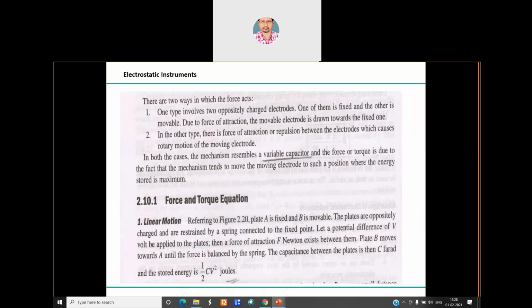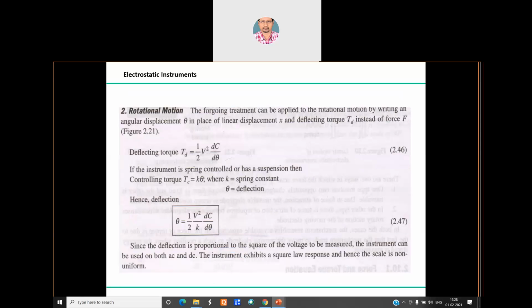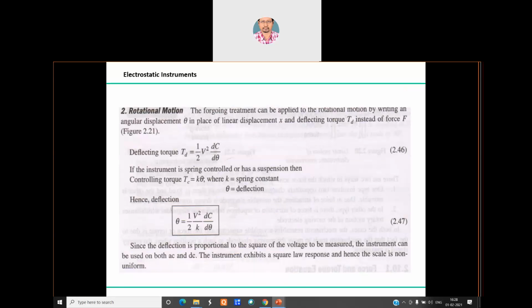Just check the assignment number. So write down the torque equation, develop the deflection torque for electrostatic instruments as far as the rotary motion is concerned. That is your question. The entire expression we have discussed for the linear motion, just convert it into the rotary motion. It's a simple, basic thing.